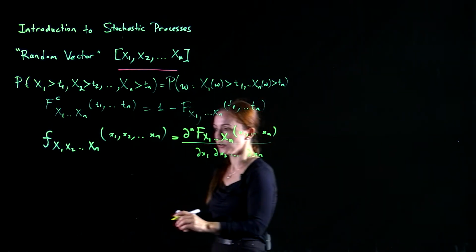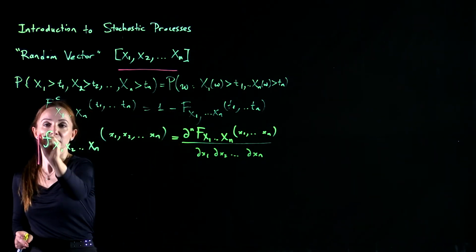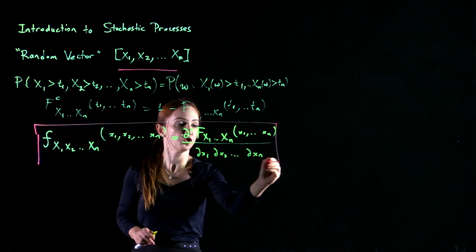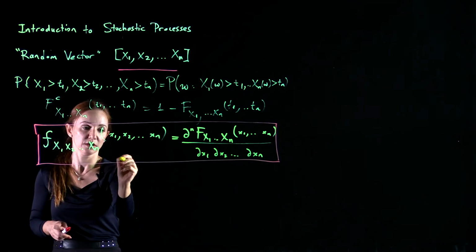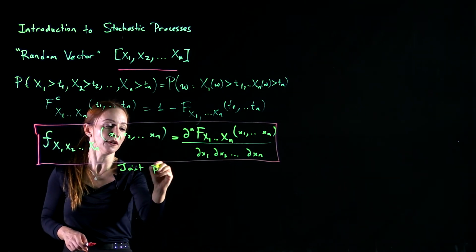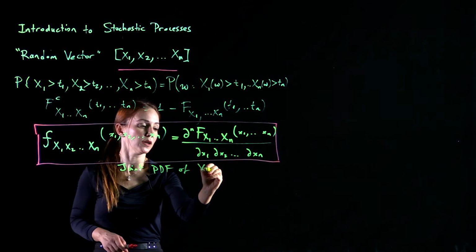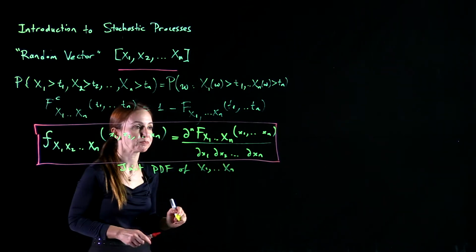And this is known as the joint PDF of x1 through xn.